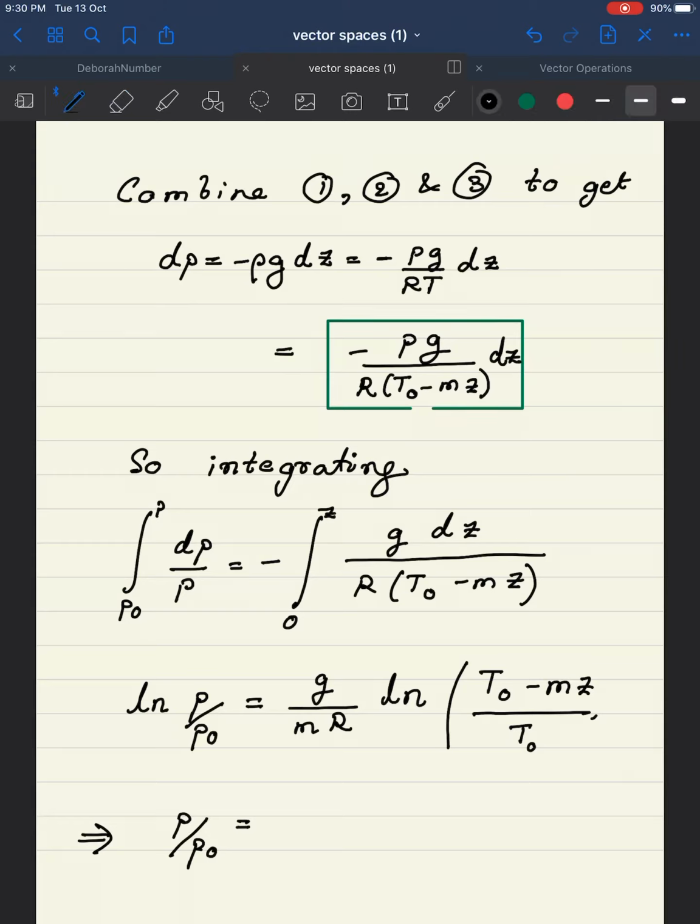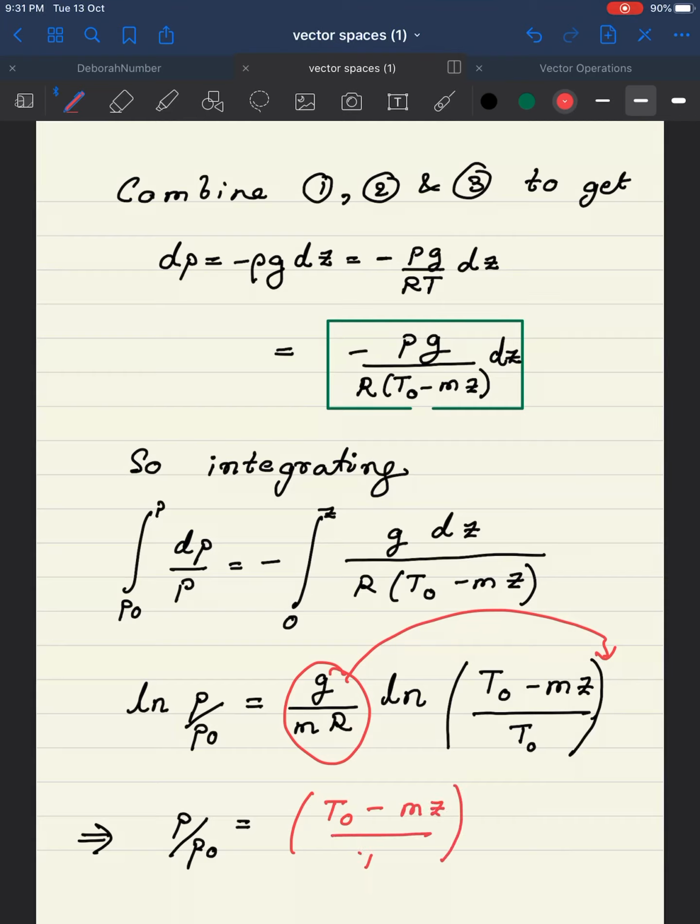So you can put this here, and then you can just take this entire expression and put it to the power. Then you will have P by P naught is equal to (T naught minus mz) by T naught to the power g by mR.